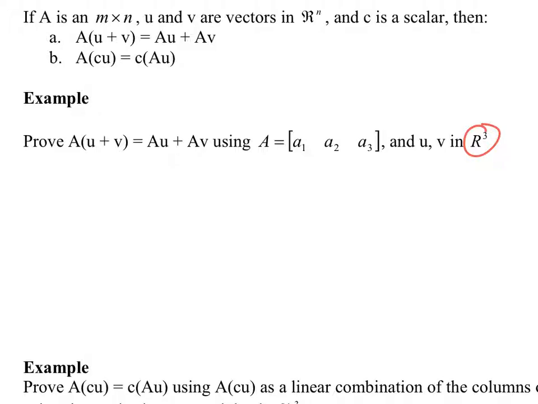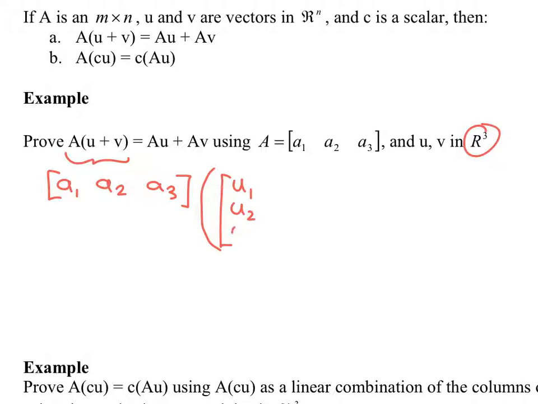All right. So all I'm going to do is on the left-hand side, I'm going to take matrix A, A1, A2, A3, and multiply that by vector U, which would be U1, U2, U3.